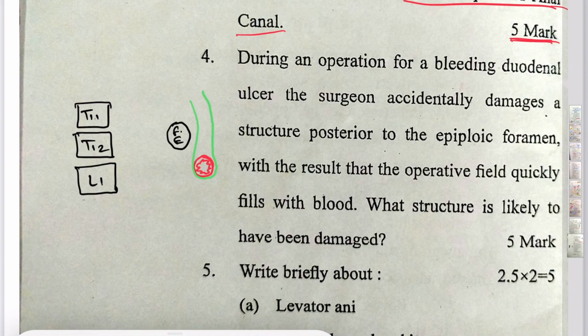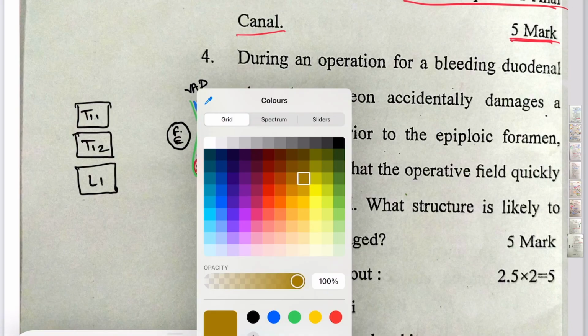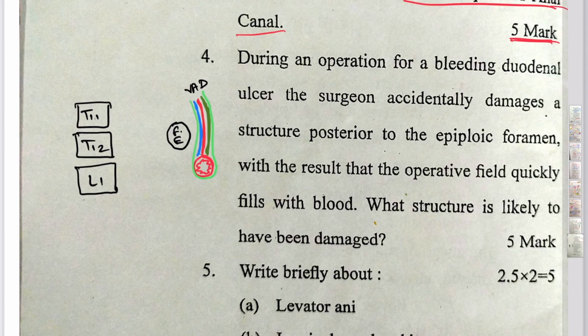So what will be the structures passing here? Remember, the most anterior will be the bile duct, then the hepatic artery, and then the portal vein. So this formula of DAV, anterior to posterior, is very important to remember. These are the structures in anterior relation to the foramen epiploicum. Now what lies just above the foramen epiploicum?